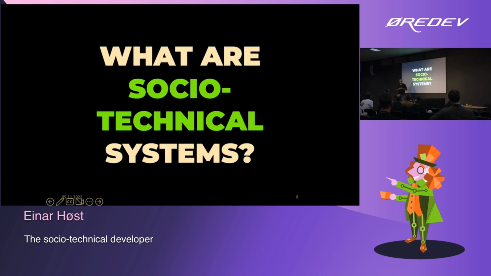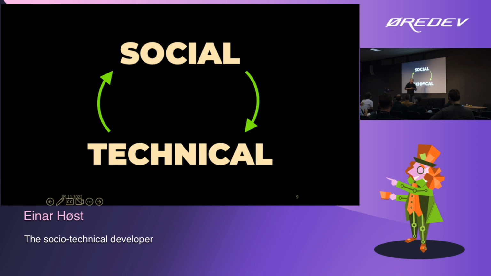Okay, so what are these socio-technical systems? Well, it springs out from the name, obviously, that there is some sort of relationship between social things and technical things. Now, what are those things? It's very easy for us as developers, I think, when we see a word like technical, to think, oh, that's the code, right? And when it's social, maybe that's the organization or something like that. But I think it's useful to think about it in broader terms.